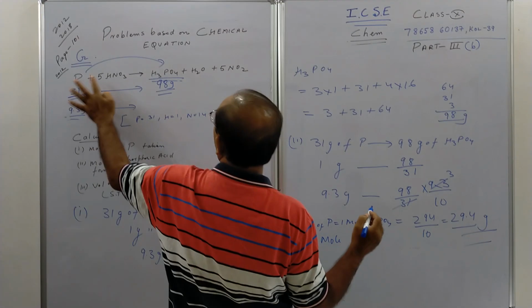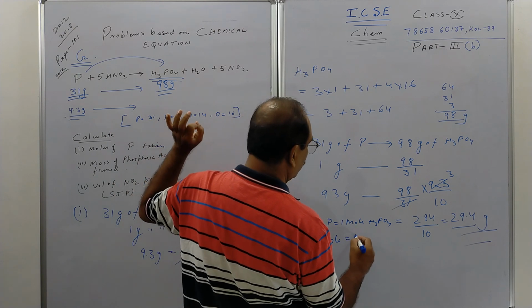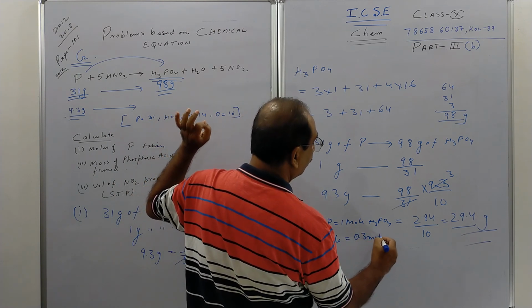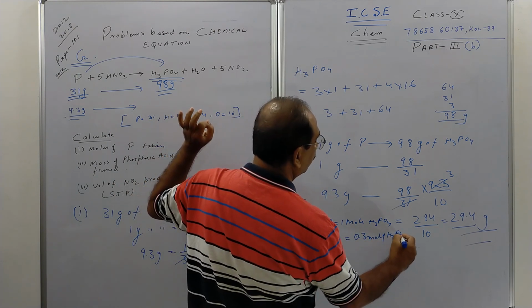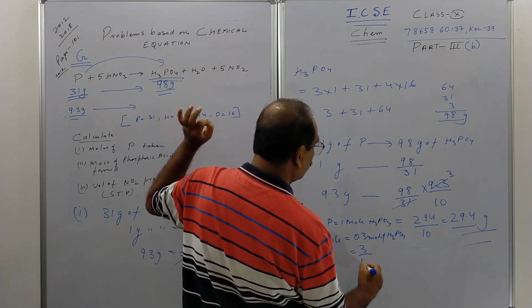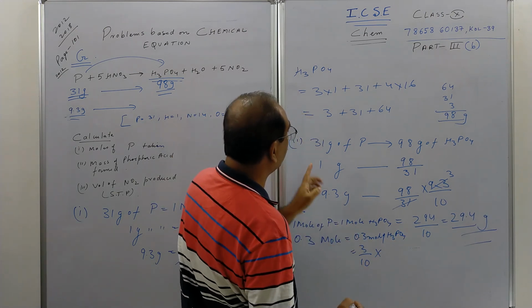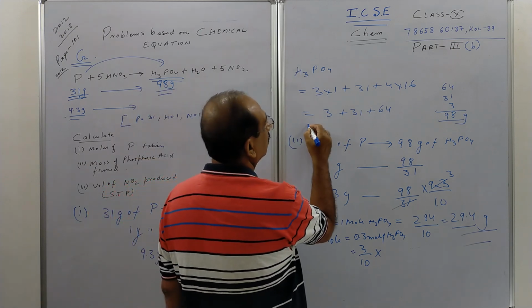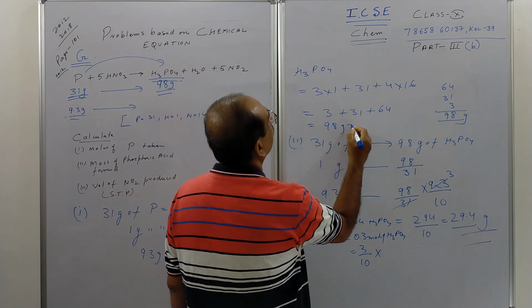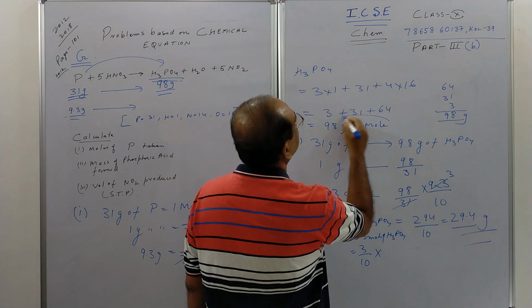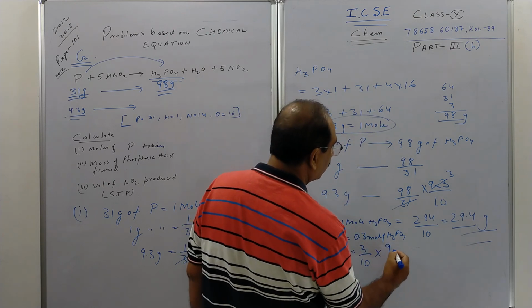So 1 mole, 0.3 mole will give you 0.3 mole of H3PO4. 98 gram is 1 mole, so you multiply by 98.